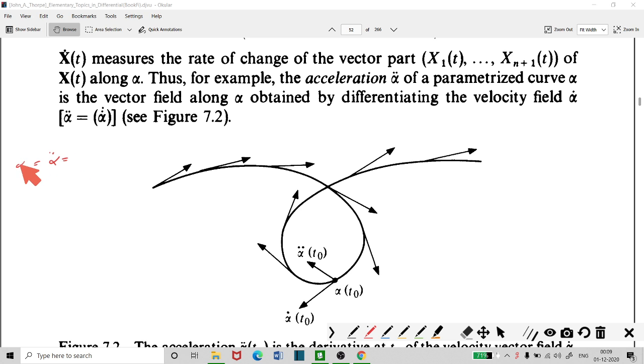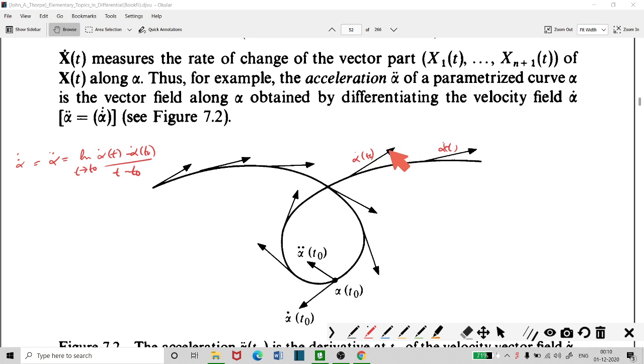or you can write it as alpha dot dot, and it is denoted by the limit as t tends to t naught of alpha dot t minus alpha dot t naught divided by t minus t naught. This is the definition. If you take, this is t, this is alpha dot t, and this is alpha dot t naught.